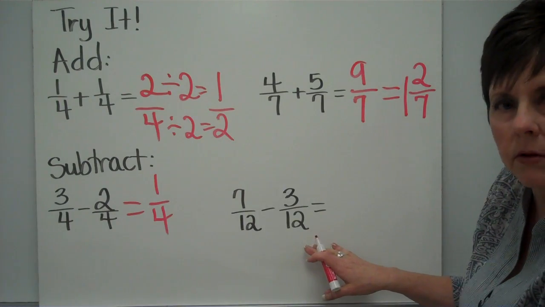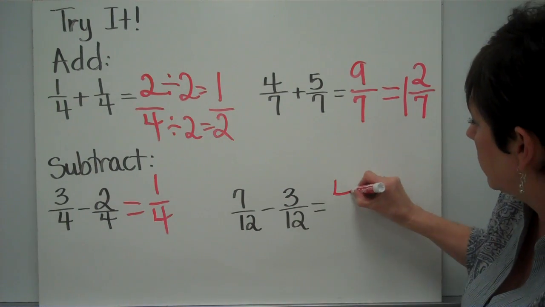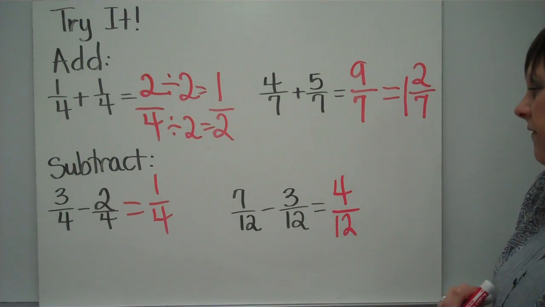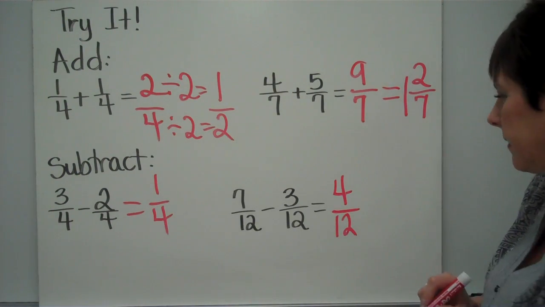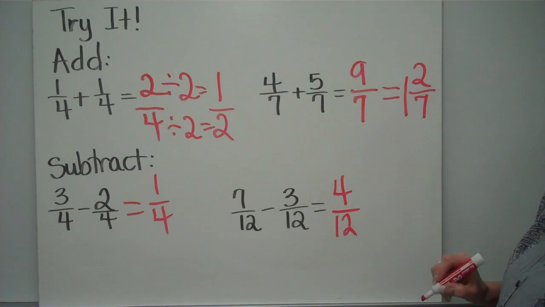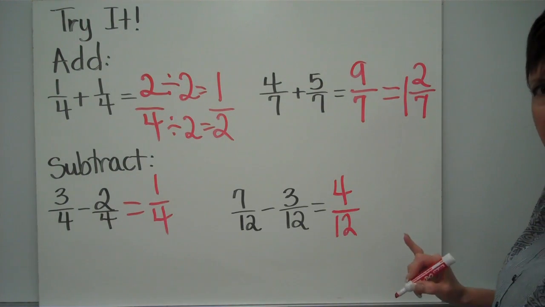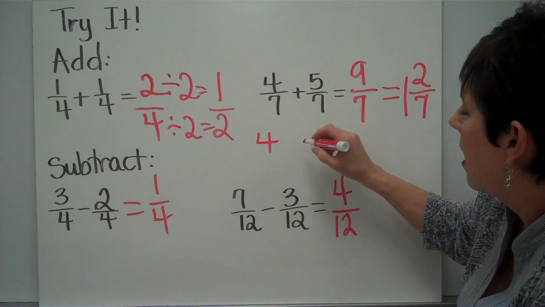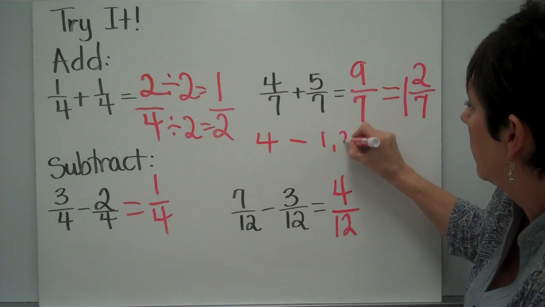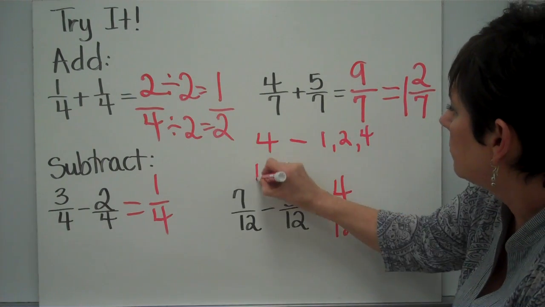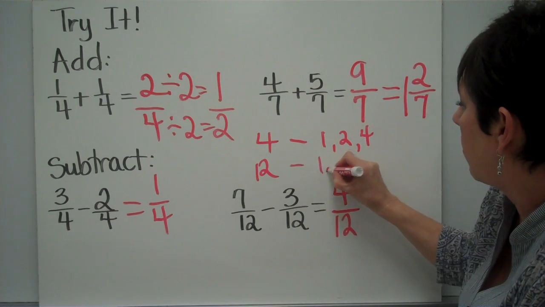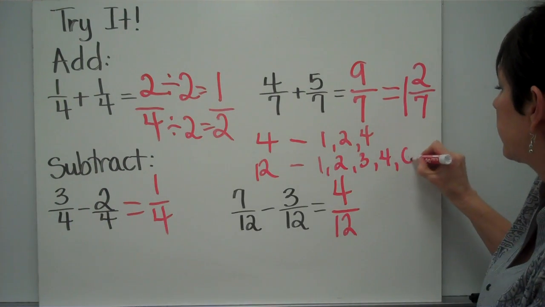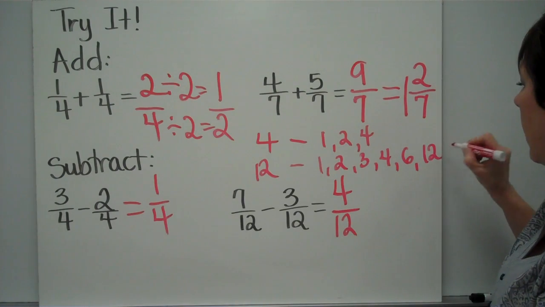All right, let's subtract here. 7/12 minus 3/12. 7 minus 3 is 4. 12's on the bottom. Can we leave it in that form? Should we simplify? Yes, we should. And actually, if we think about it, what is the largest number that both of these can be divided by? 4 can be divided by 1, 2, and 4. 12 can be divided by 1, 2, 3, 4, 6, and 12.